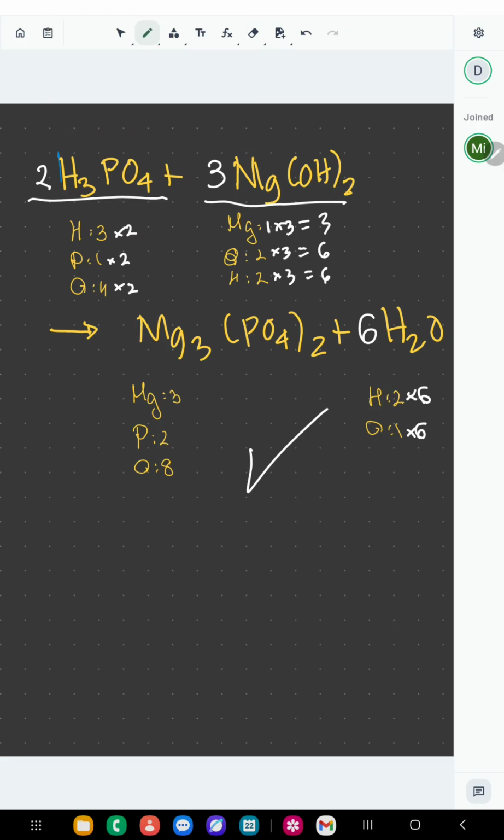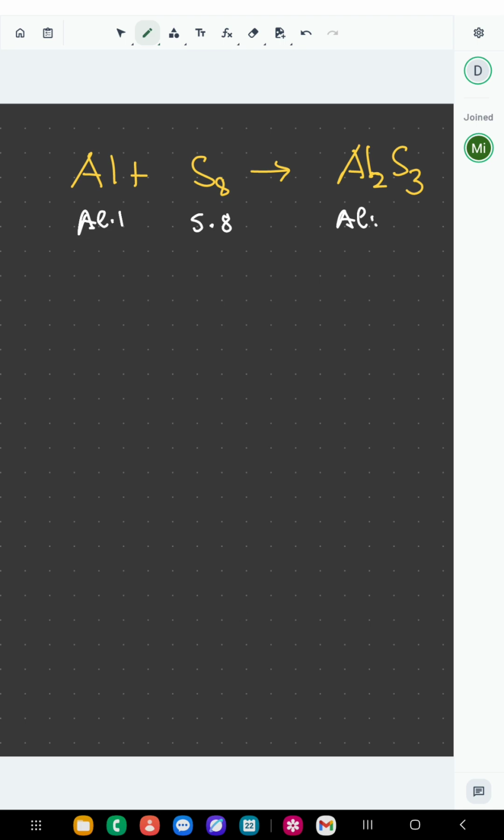Can you clear this? Okay, number 13. We have aluminum, and then what is S? Sulfur, then aluminum. Okay, aluminum sulfide.